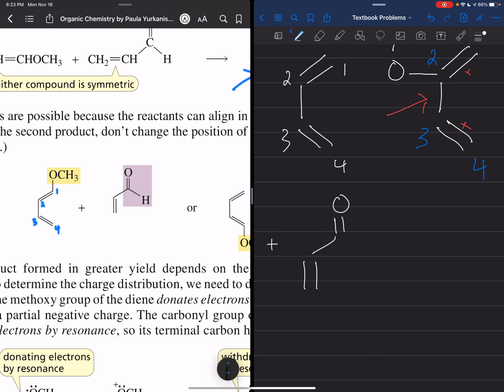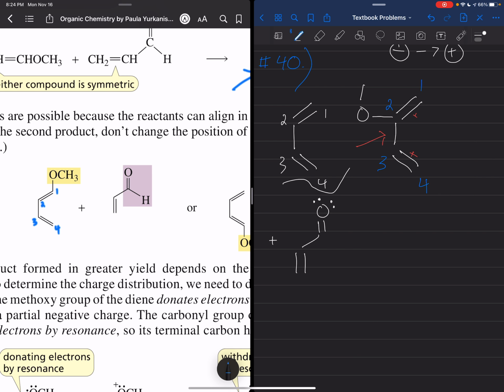What can we do? Well, we know oxygen is very electronegative, and we know that oxygen is going to have two lone pairs here. So we're going to get rid of one of those lone pairs. This is going to resonance contribute. We're going to hop up one of these pi electrons to our oxygen, give it a full octet here, but it's giving it a negative charge, okay?